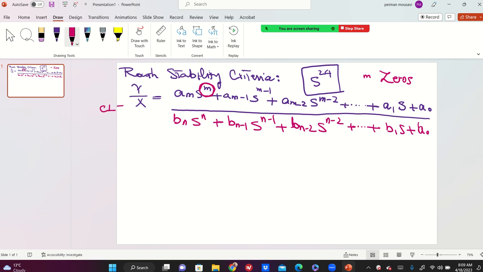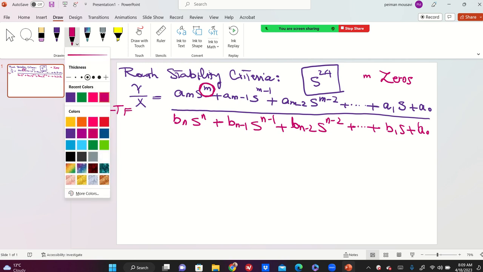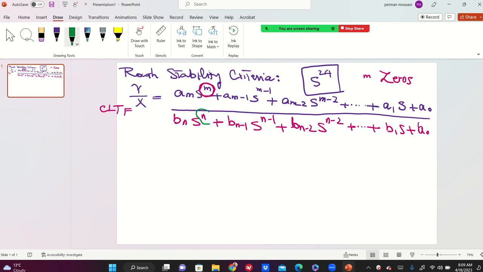And you have how many poles? N poles. That's right. N poles.